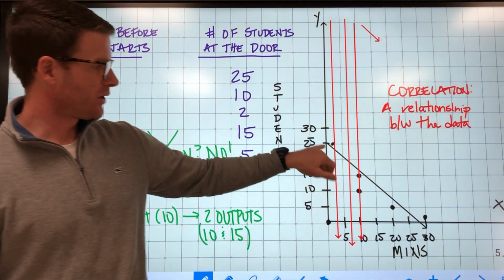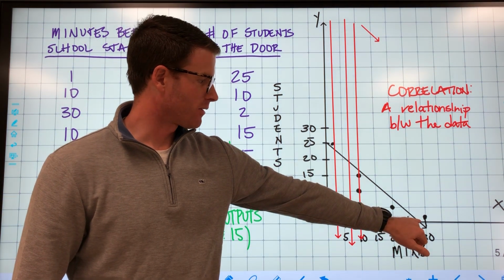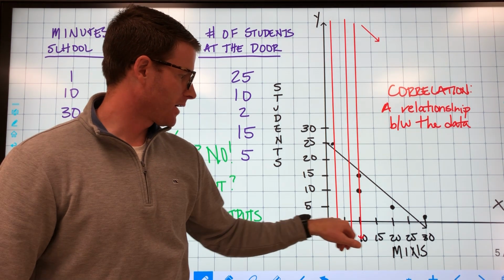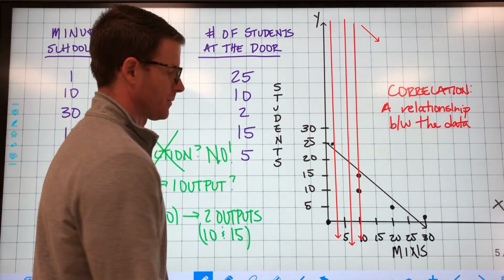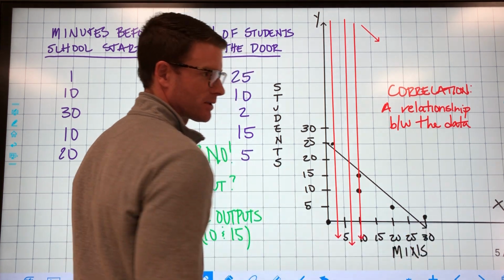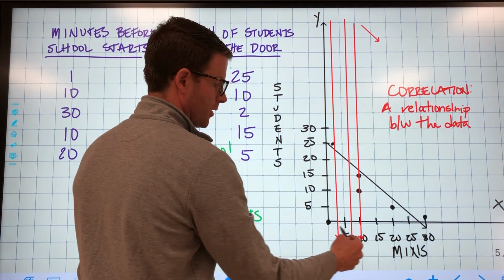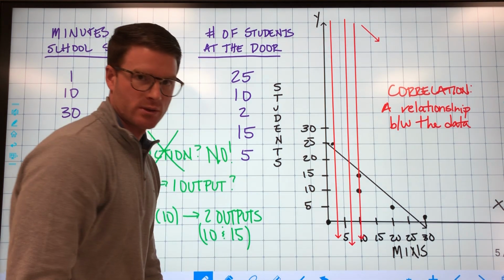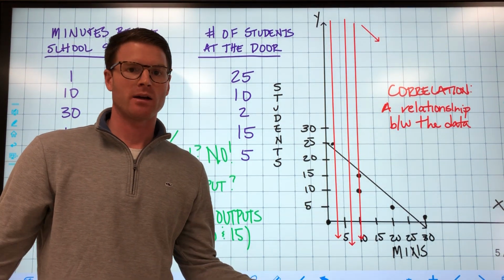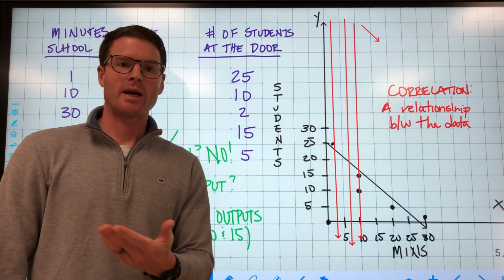We could draw this best fit line graph to say that the earlier I show up to school, the fewer students are there. The closer you show up to 8 o'clock, the more students are waiting outside the doors.